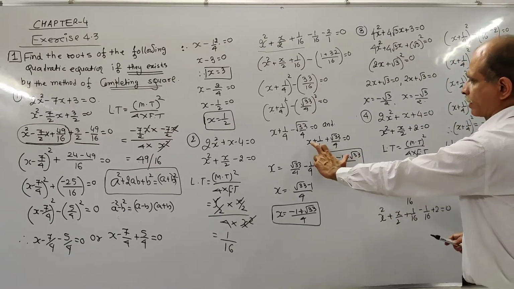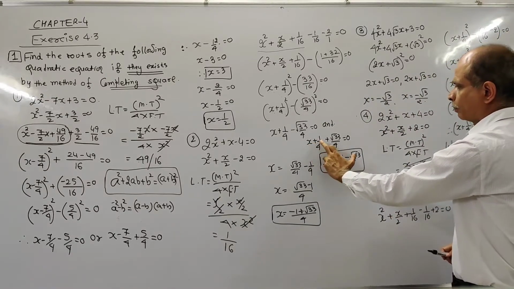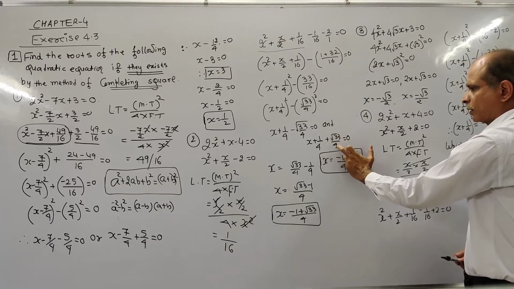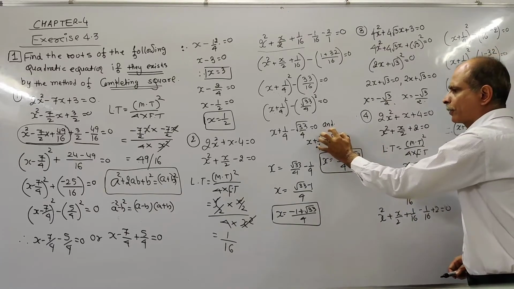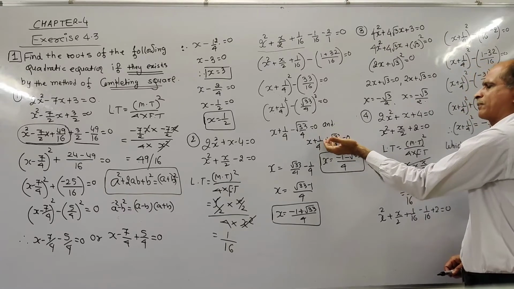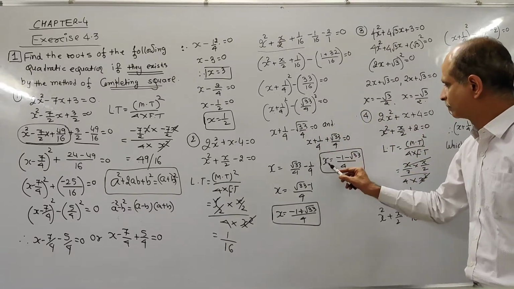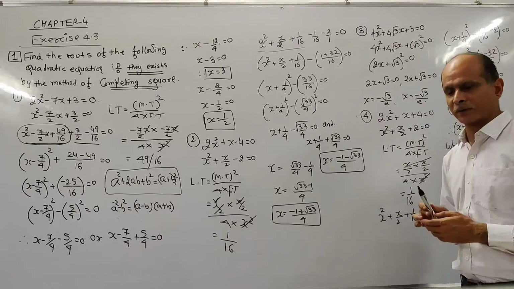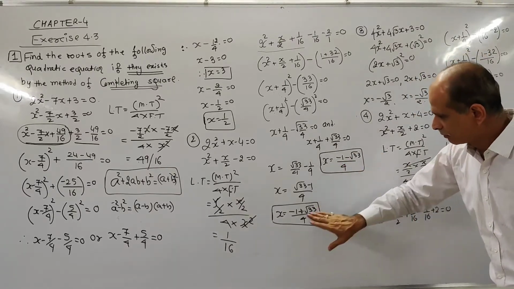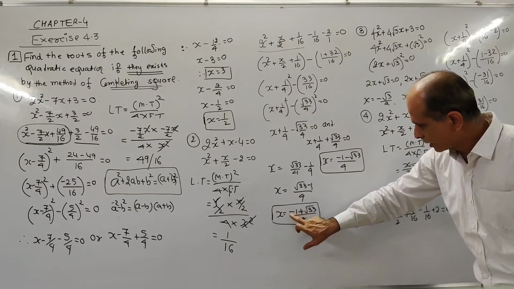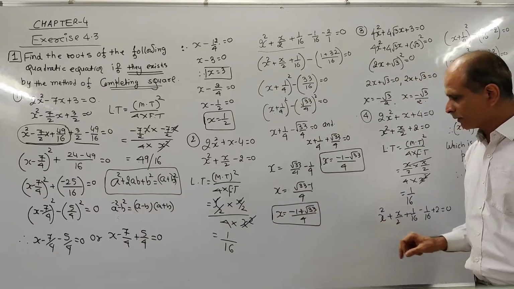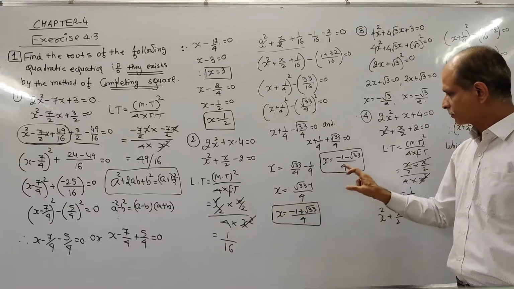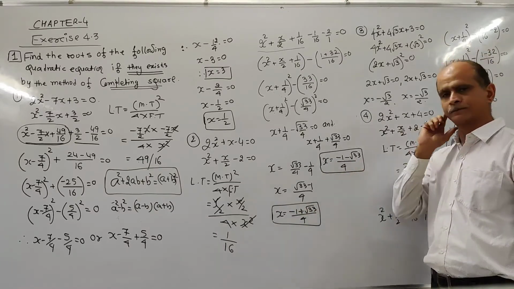Now in the second part, x plus 1 by 4 plus under root 33 by 4 is equal to 0. If you transpose these two from the left hand side to the right hand side, x becomes minus 1 minus under root 33 by 4. So these are the solutions. The value of alpha is equal to minus 1 plus under root 33 by 4, and the value of beta is equal to minus 1 minus under root 33 by 4.